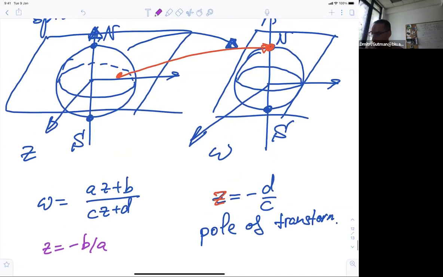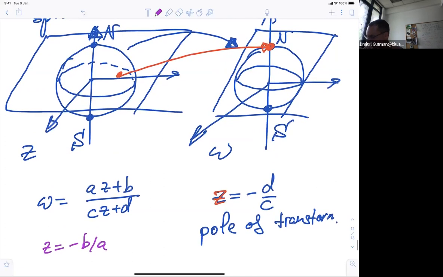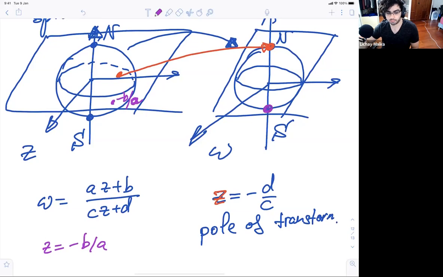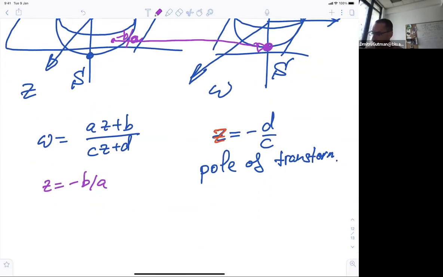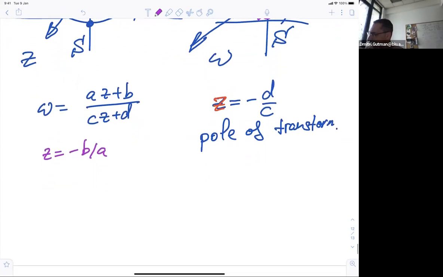Somewhere here, there's a point minus b over a. Where will this point go? To the South Pole. So this point will go there. So these 2 points, we already know where they would go. It does not fully fix the transformation. We need 1 more point. So schematically, I need 3 points.